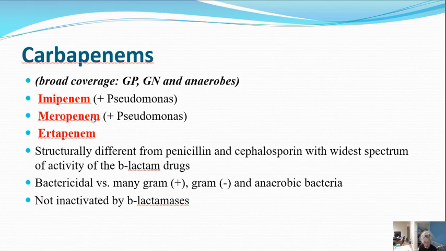Meropenem can, and these particular antibiotics are bactericidal versus many gram-positive and gram-negative and anaerobic bacteria. They are not inactivated by the bacteria's beta-lactamase, which is good. We have to have those.